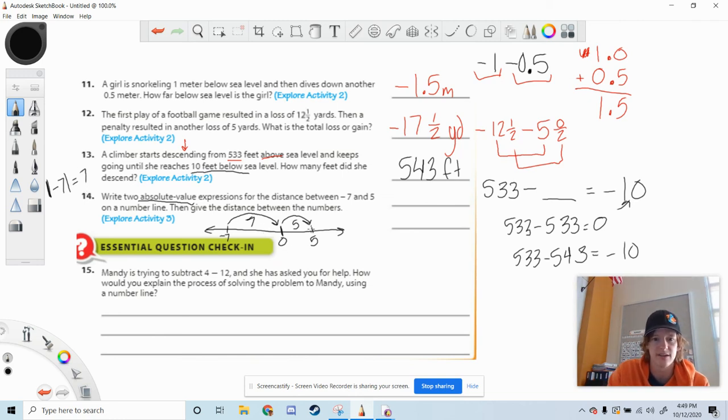Okay, so if we want to find out the distance from -7 to 5, one thing we could say is the absolute value of -7 plus the absolute value of 5 equals a total of 12. We could also say the absolute value of 7 plus the absolute value of -5. That also equals 12.